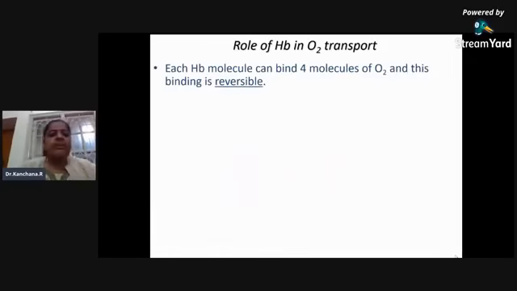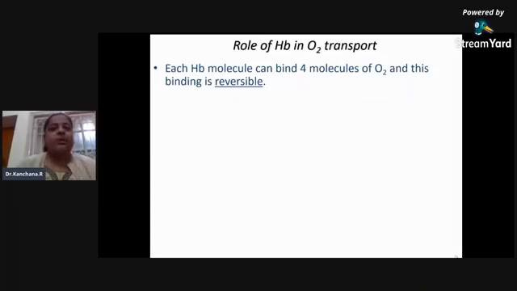Each hemoglobin molecule has 4 parts. Each part has a heme portion which has an iron atom and a polypeptide chain attached to it. All the polypeptide chains combined are known as globin, whereas the part containing the iron atom is called the heme portion.